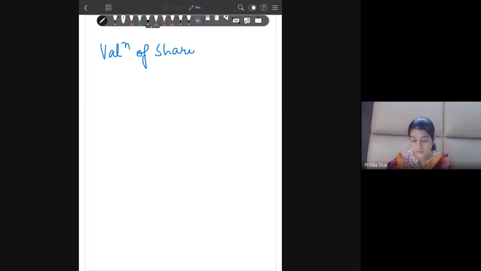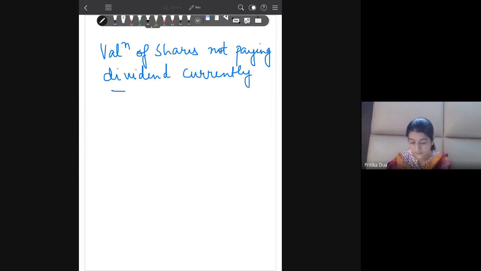Now we move to the last case under the dividend discount model: the valuation of shares which are currently not paying dividend. Okay, so let's understand the concept with an example.